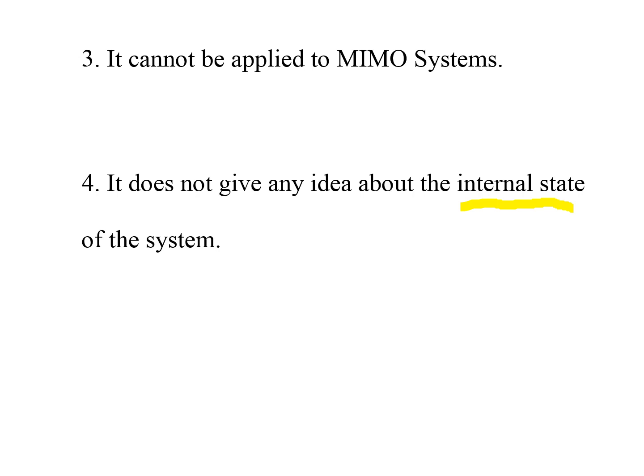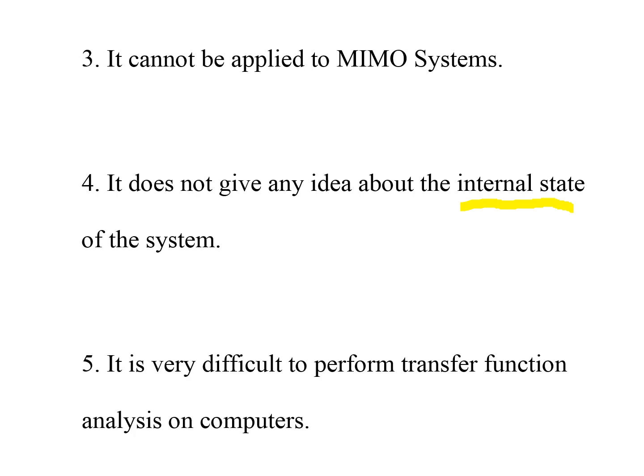The transfer function approach can give the idea about input and output relations, but it does not give the internal state of the system. And the fifth one is that it is very difficult to perform transfer function analysis on computers. These are the major disadvantages of the transfer function approach.